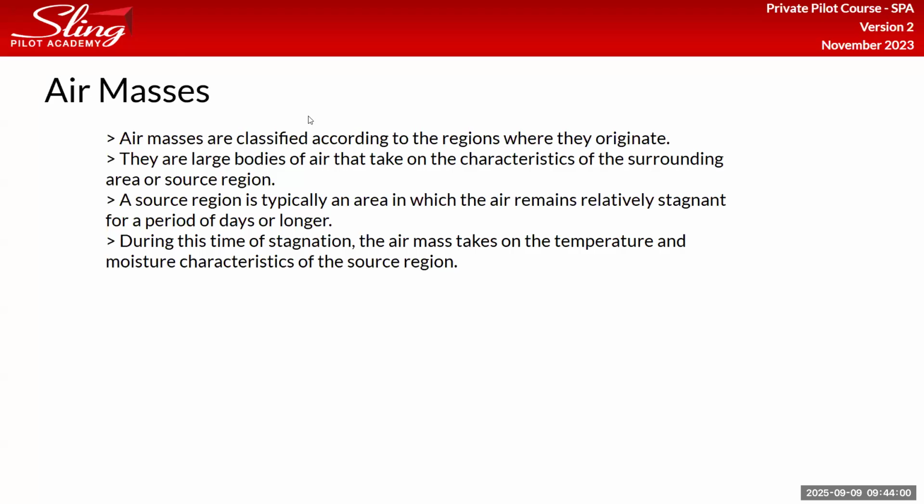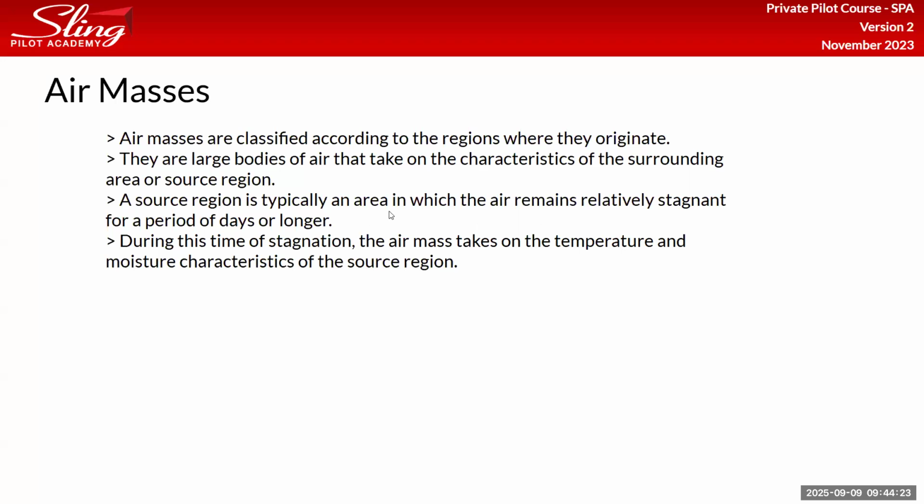So air masses are classified by the origin in which they originate. So polar region, tropical region, things like that. Large bodies of air that take on the characteristics of the surrounding area or the region, obviously.